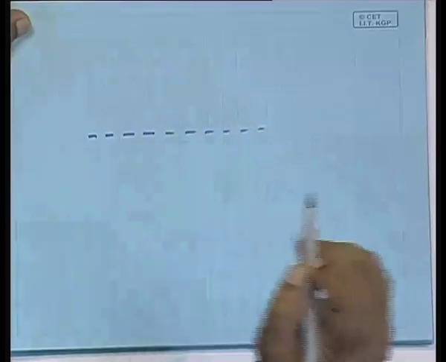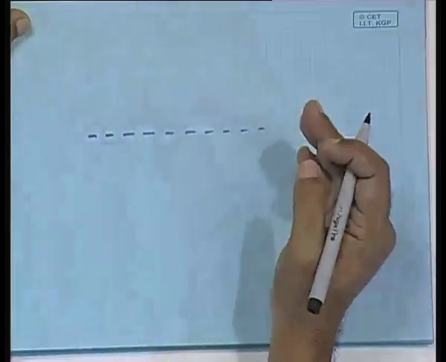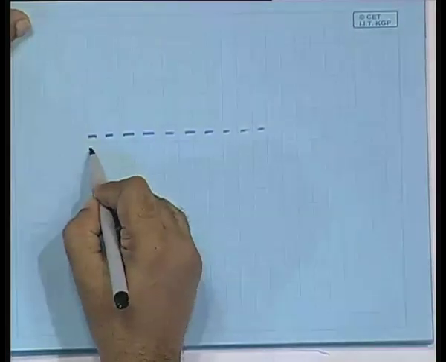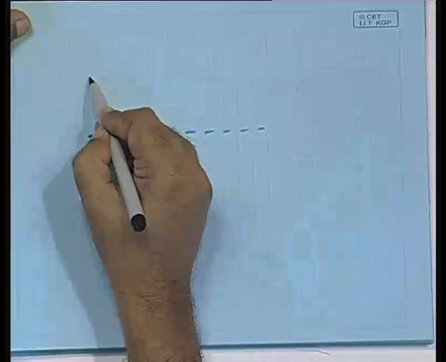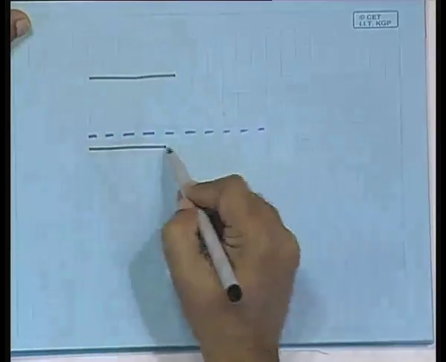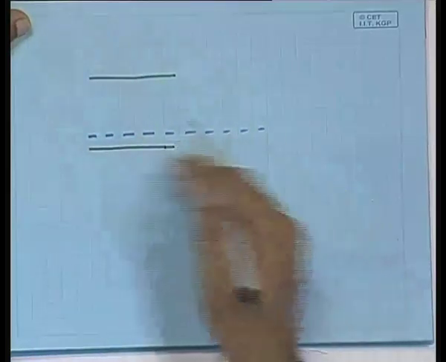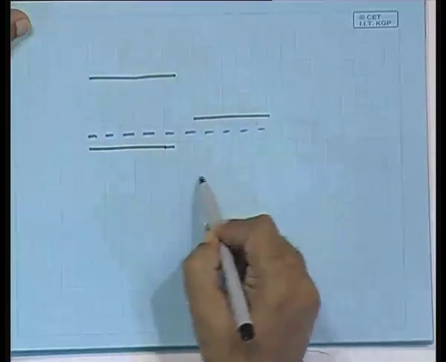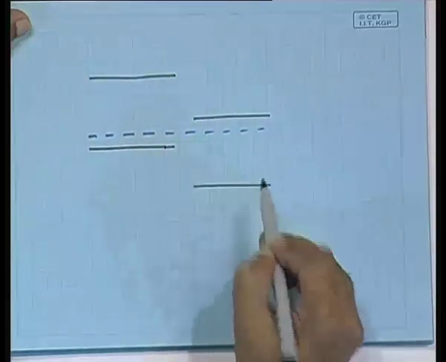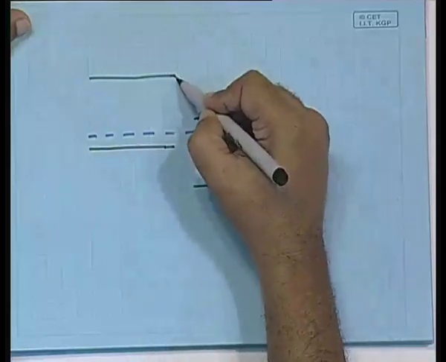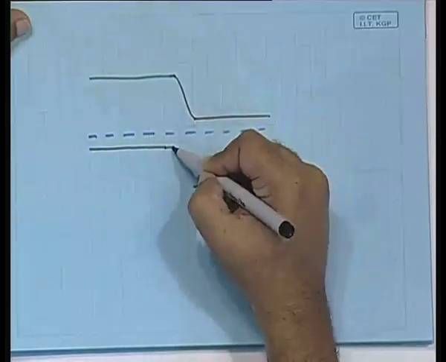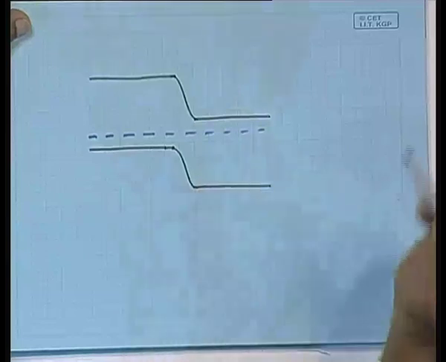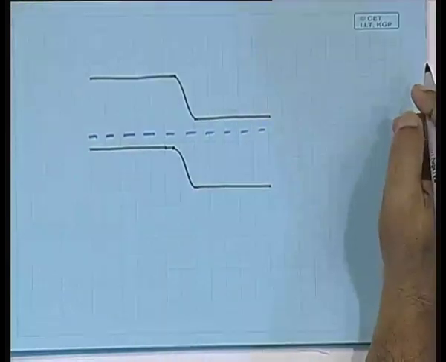If on this side it is p, then the valence band is somewhere here and the conduction band is somewhere here, and on this side if it is n, then the conduction band is somewhere here and the valence band is somewhere here, and so there is a band bending, right.